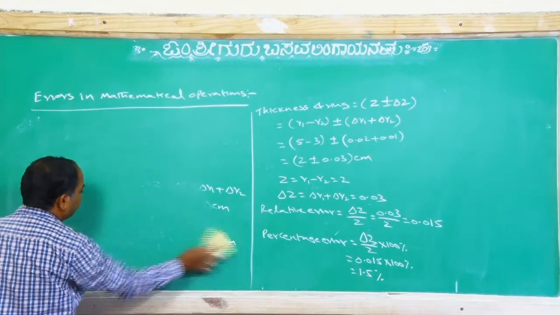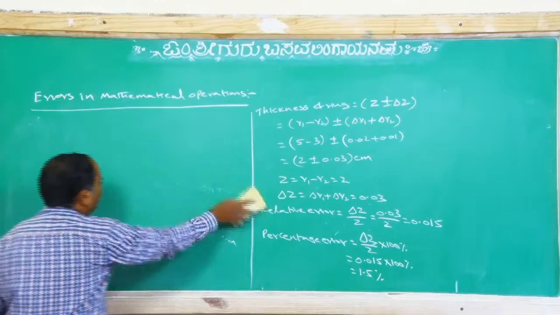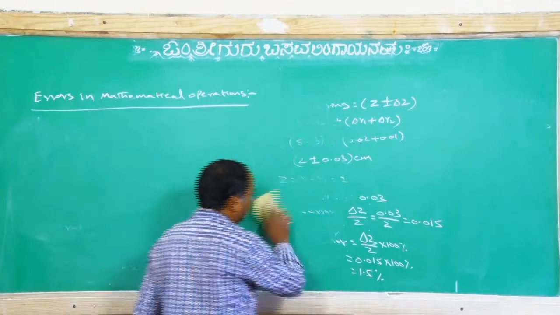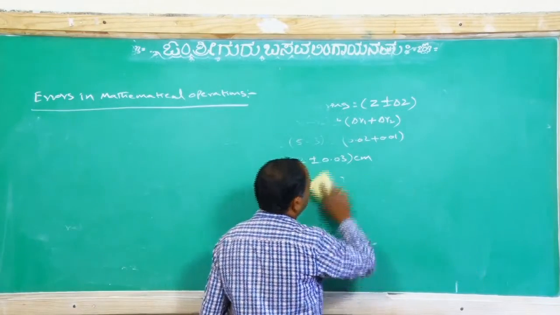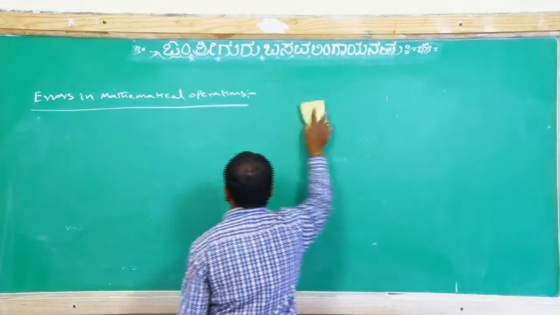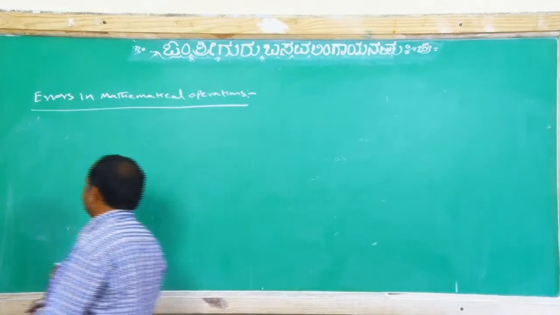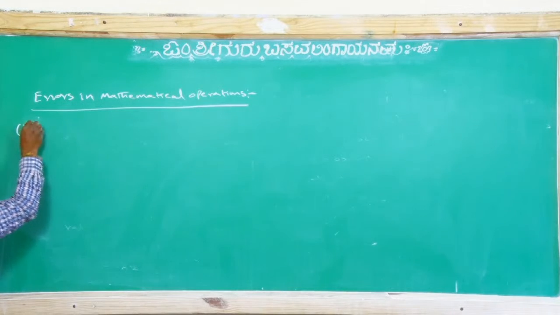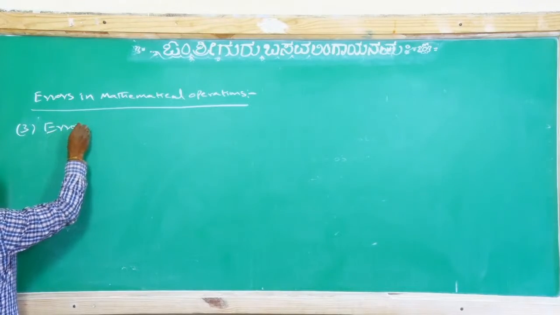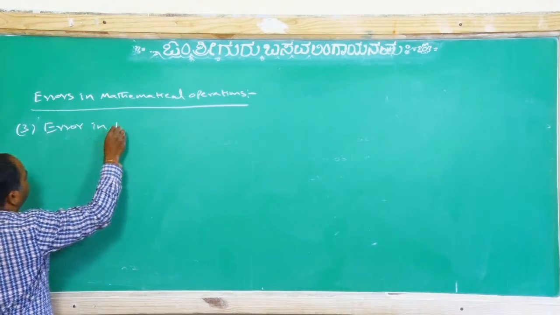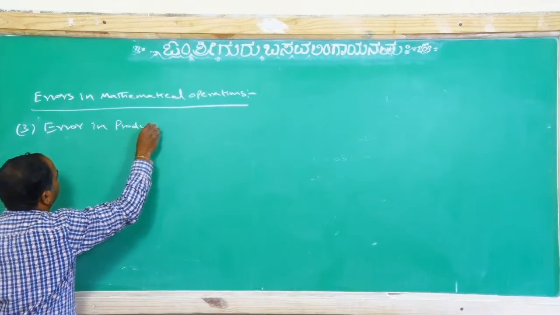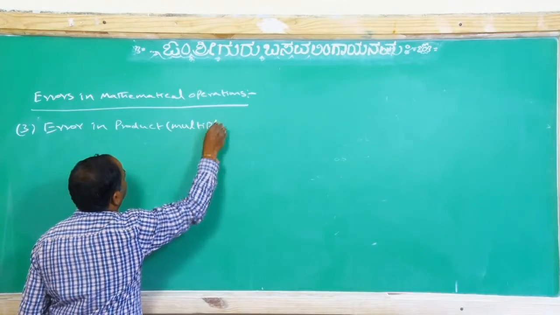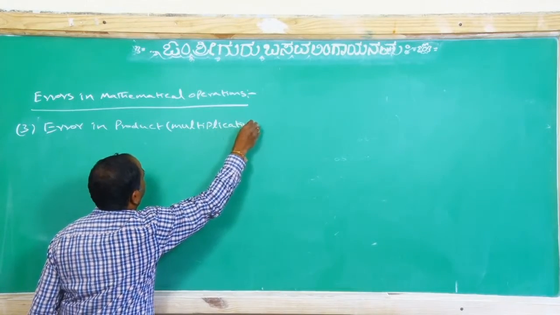Error in multiplication. Generally, multiplication means products. Third case, error in product. Product means multiplication. Here, how do you write the error in multiplication?